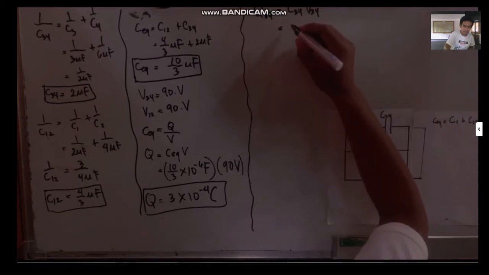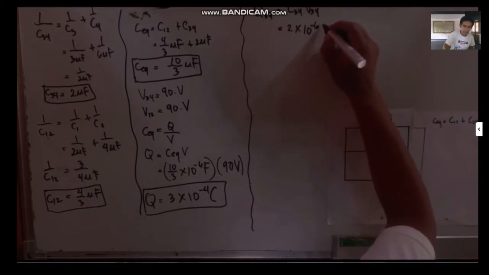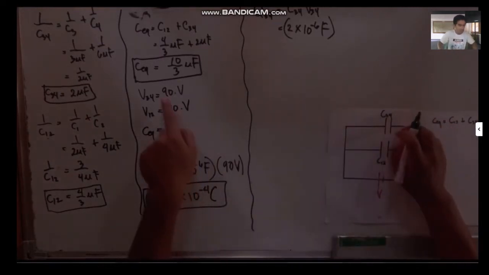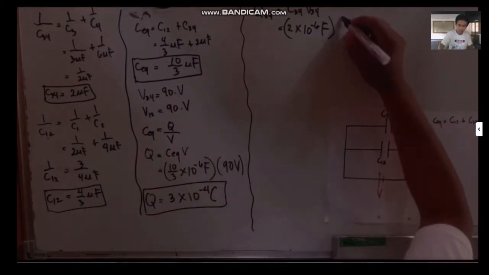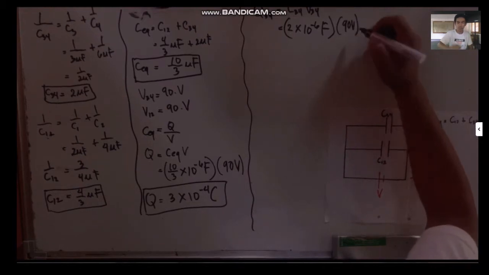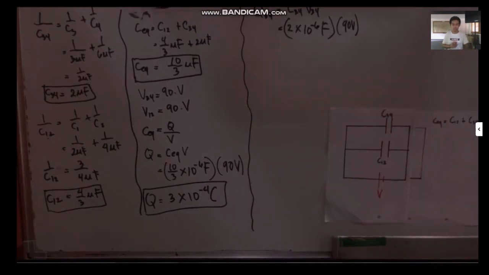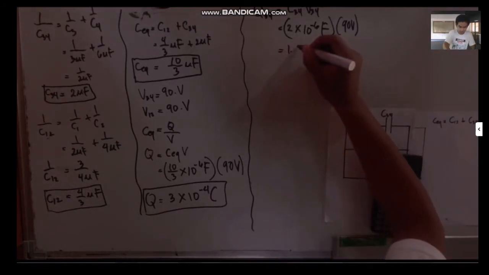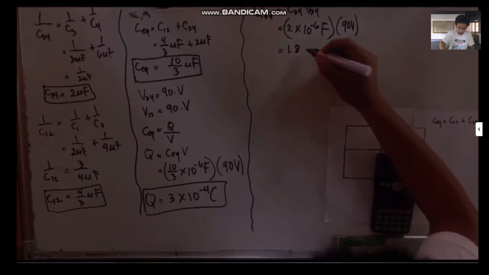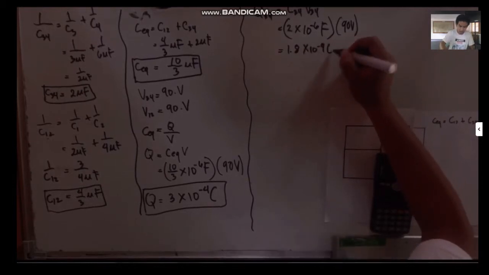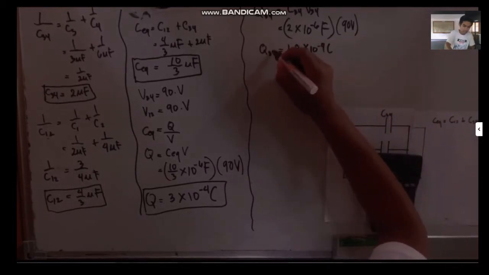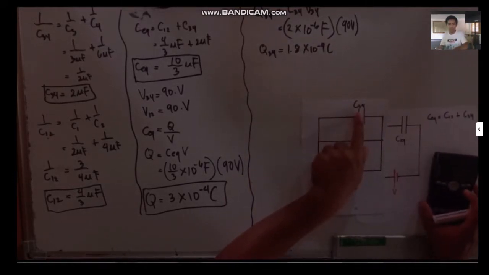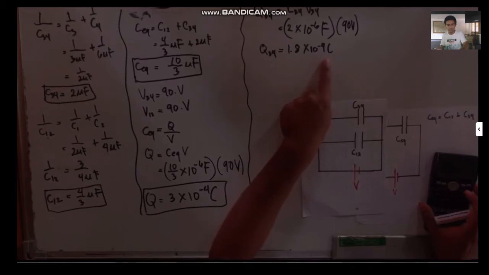So this is 2 times 10 to the negative 6 farad multiplied by the voltage across C34, which is 90 volts. So the charge of C34 is 1.8 times 10 to the negative 4 coulomb.